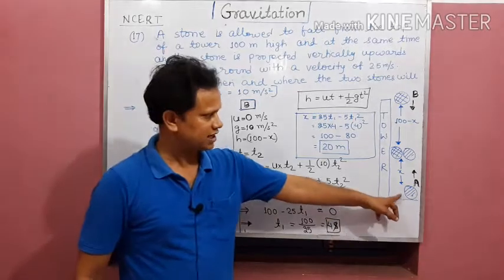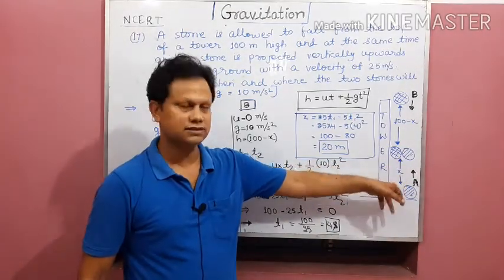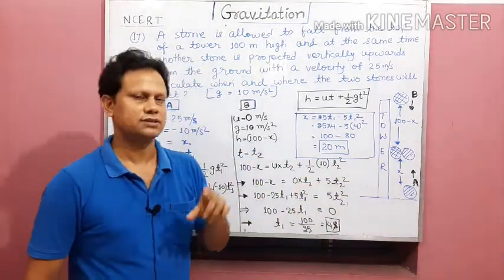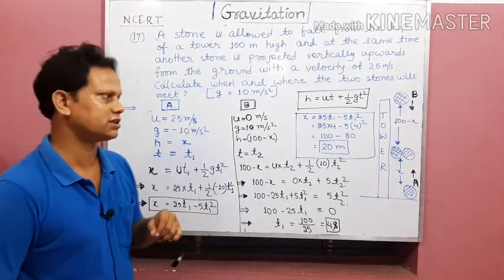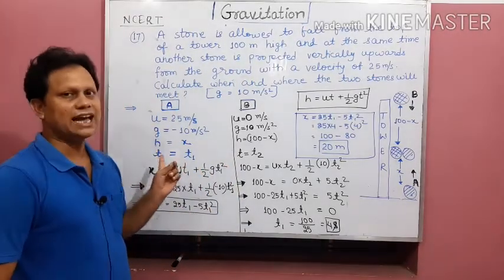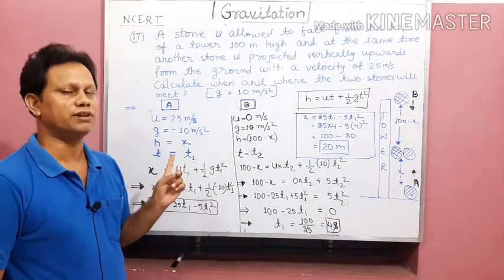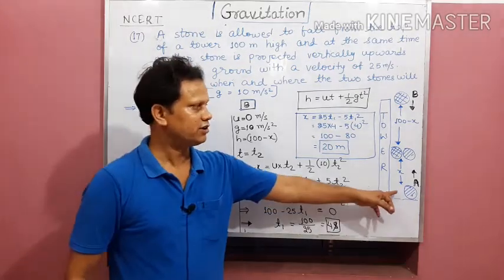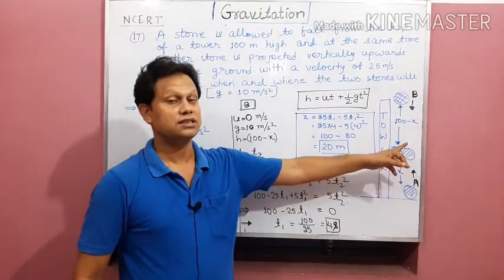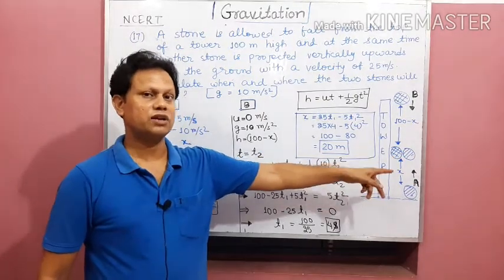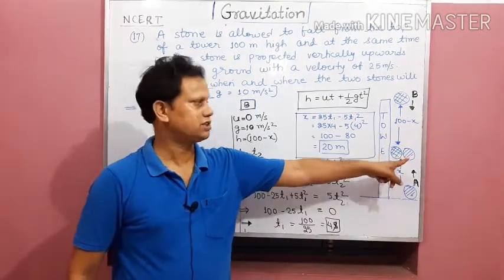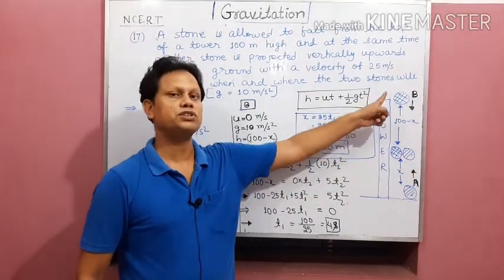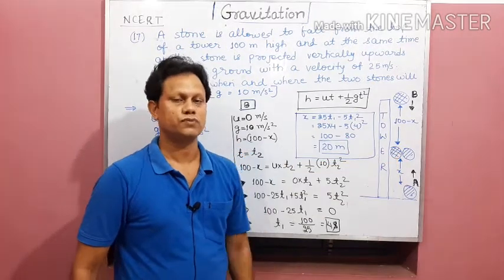How much displacement has been done for meeting? X. So I take the height X as the displacement of the object. And the time I have called T1, that in time T1 it has reached this place. Again I am repeating, whatever time A takes to reach this place, in the same time B reaches the same position.